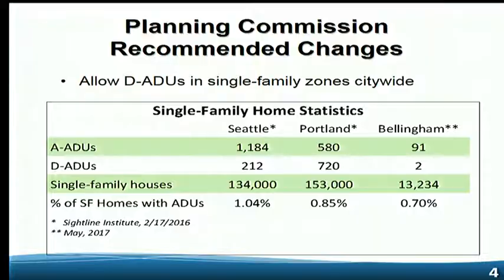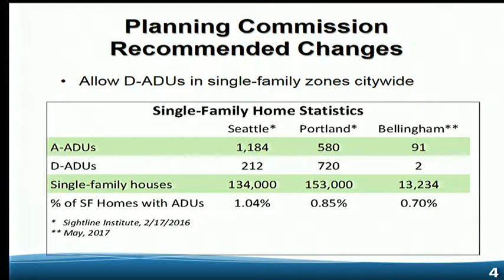As far as the key recommended changes, first one is to allow detached accessory dwelling units in single-family zones citywide. I want to point out two cities, Seattle and Portland, that have very progressive accessory dwelling unit regulations. Throughout Seattle, only 1% of all households has an accessory dwelling unit.